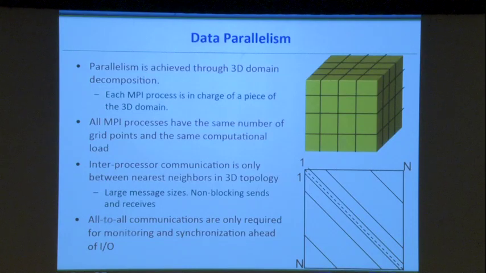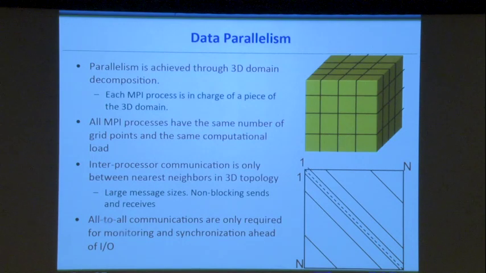And so, as I said, we get parallelism from data decomposing our 3D domain. So we get data parallelism, and each MPI process is in charge of a single piece of that domain. All of them have the same number of grid points and the same computational intensity. The only interprocessor communication is between nearest neighbors.